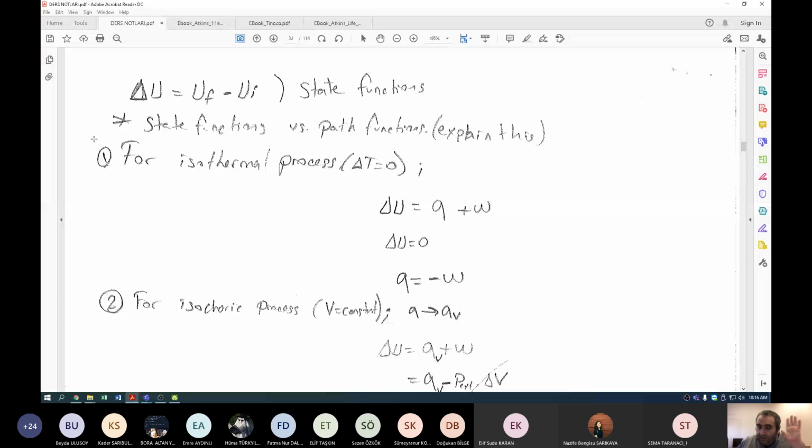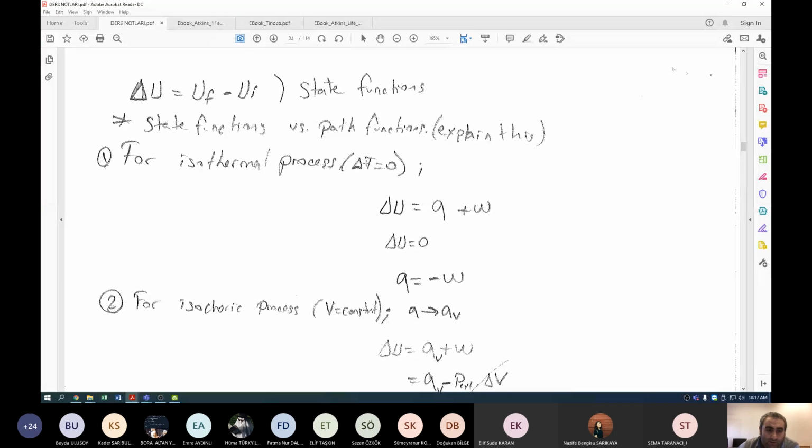So there are 4 different processes. Each one can have reversible or irreversible processes, and each process can have perfect gas or non-perfect gas. So there are like 16 different possible operations that you can make, and there is also compression versus expansion, so that complicates further.